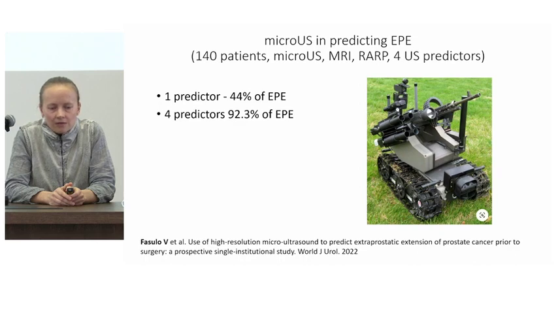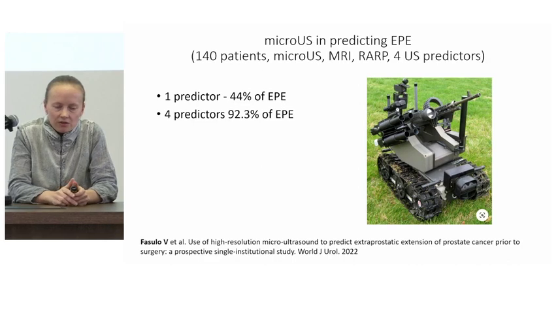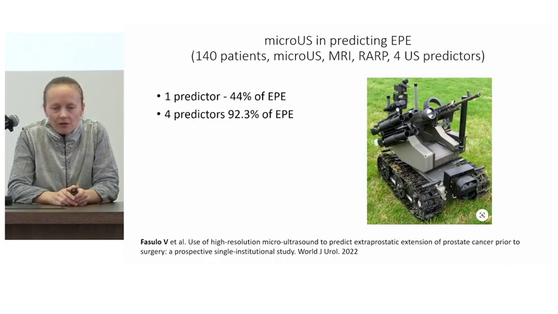Here's a study from 2022 that compared micro ultrasound with MRI against prostate histopathology after prostate resection. They used four predictors for ultrasound: capsular bulging, visible breach of the prostate capsule, presence of hypoechoic halo, and obliteration of the vesicoprostatic angle.